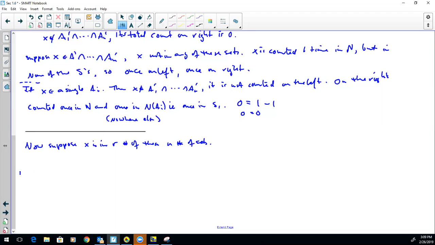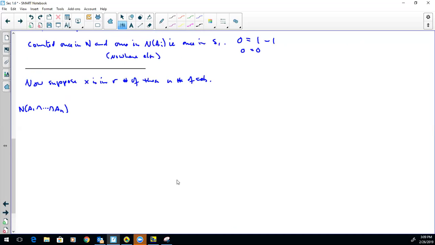We have the left-hand side of the sets 1 through N. We have capital N, then we have minus S1 plus S2 minus S3 plus dot dot dot.